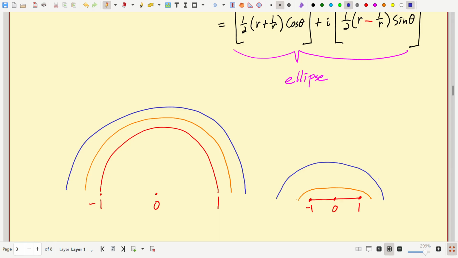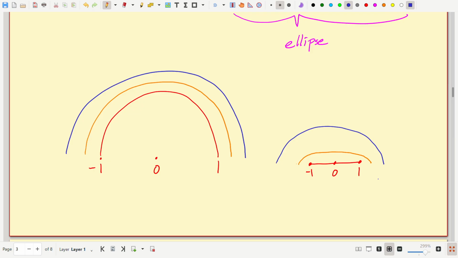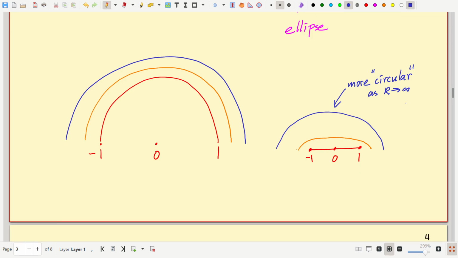And if r was gigantic, that would be r plus or minus something really small. So it would look more circular as you go out, still an ellipse, more circular as r goes to infinity. And the little skinny ones would be more eccentric.